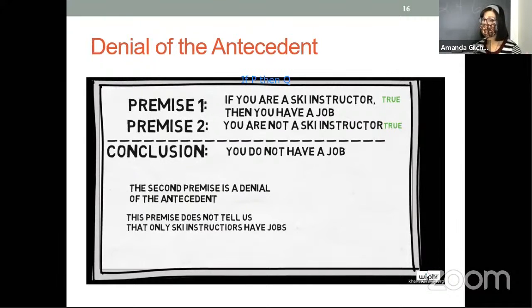We have a harder time believing that modus tollens is valid.